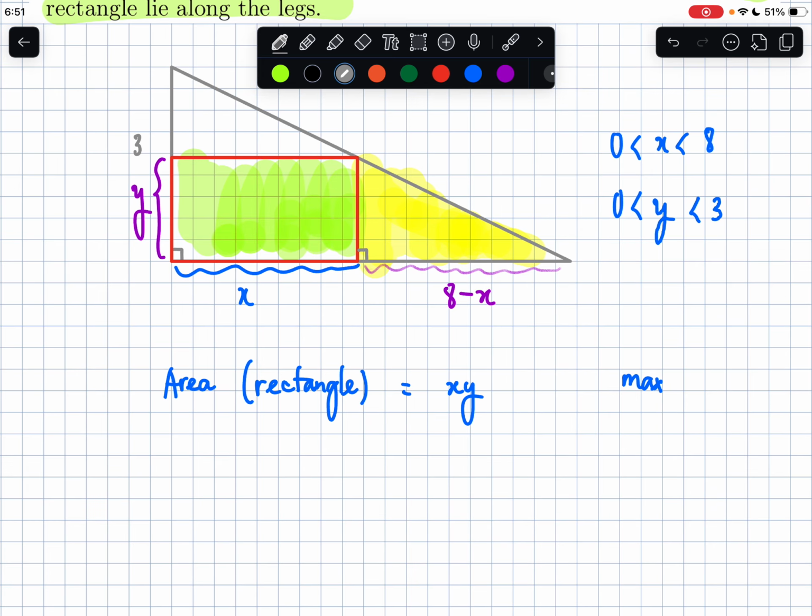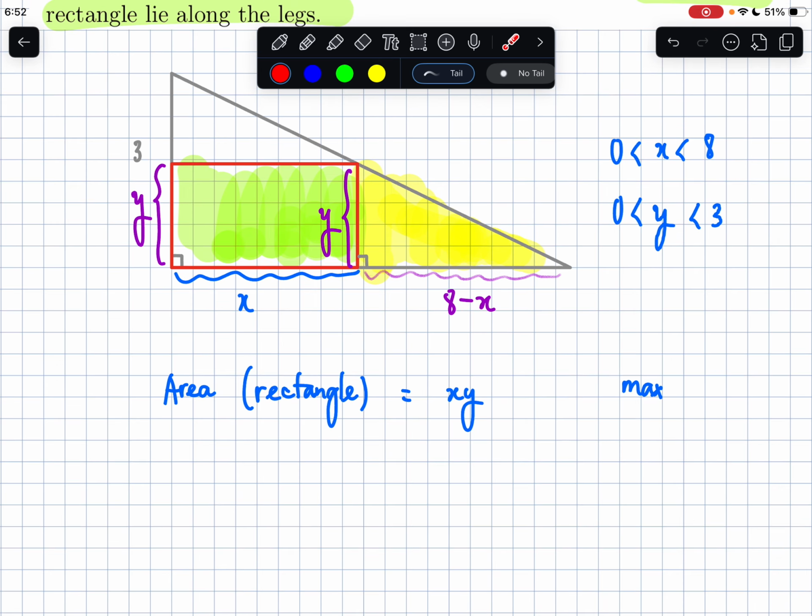This length is y. So we have this condition: y divided by 3, which is the short length here, divided by the long one, equals this length divided by the total length.